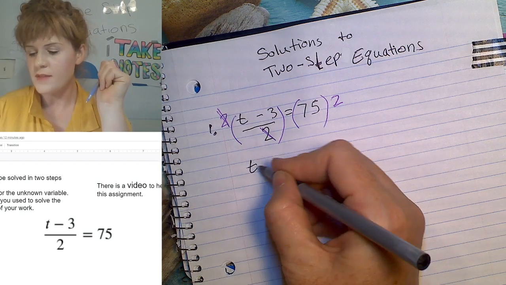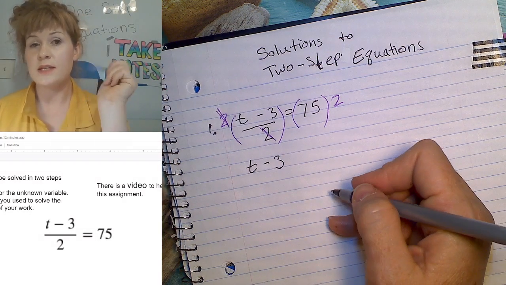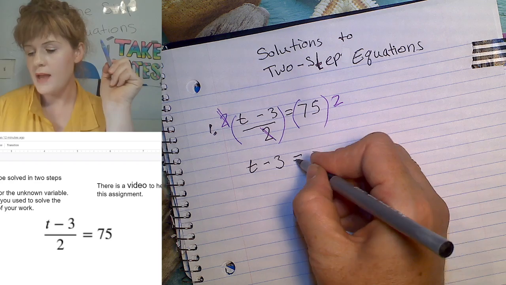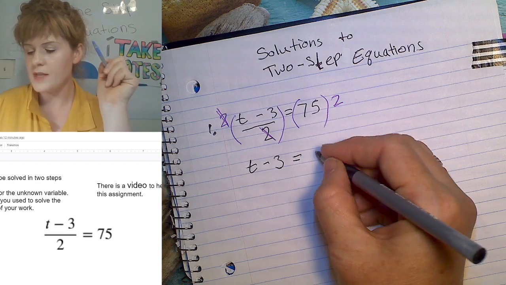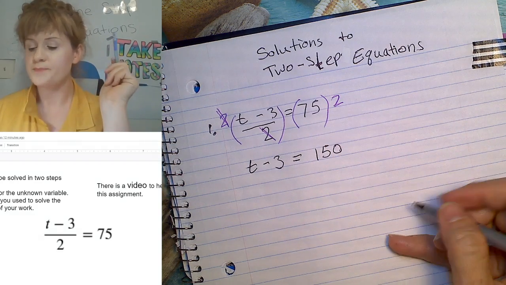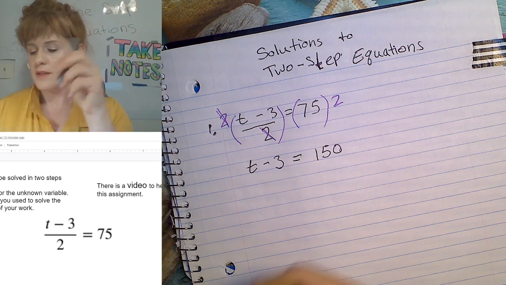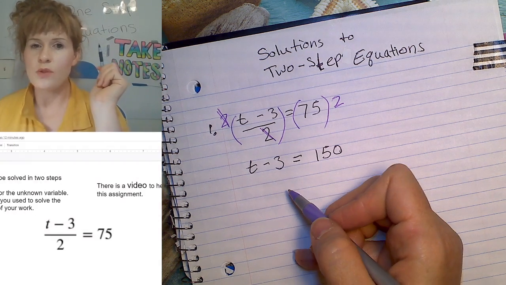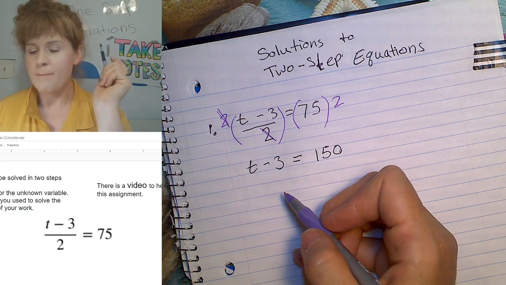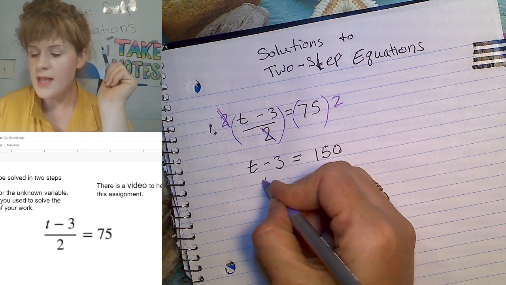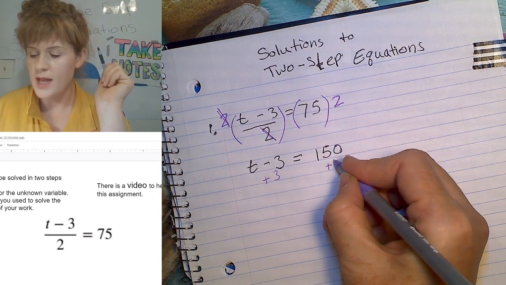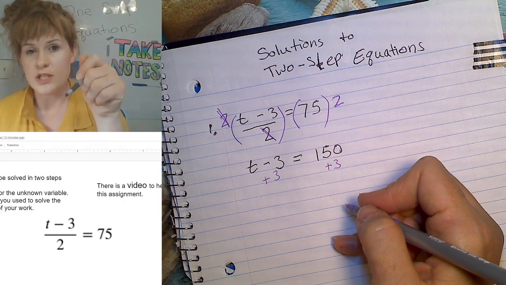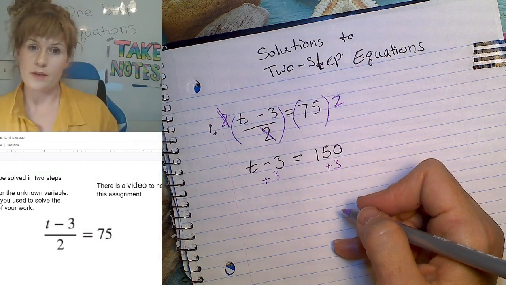On the left side of the equation, I get t minus 3, and that's equal to 75 times 2, which is 150. Now, this minus 3 is standing in the way of my solution. My strategy is to add 3 to both sides because addition is the inverse operation of subtraction.